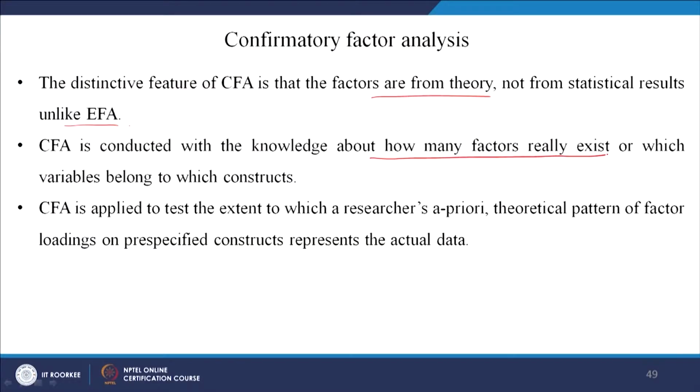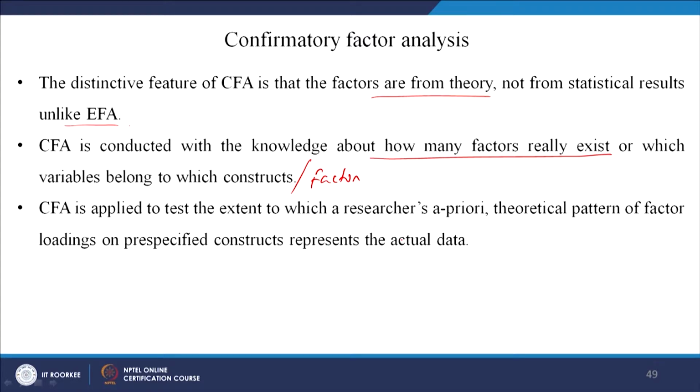CFA is conducted with knowledge about how many factors really exist or which variables belong to which construct or factor. The words construct and factor are used interchangeably. CFA is applied to test the extent to which a researcher's a priori, that means beforehand, theoretical pattern of factor loadings on the pre-specified constructs represents the actual data.